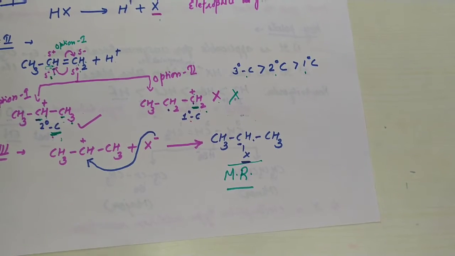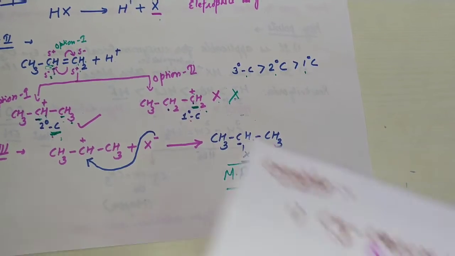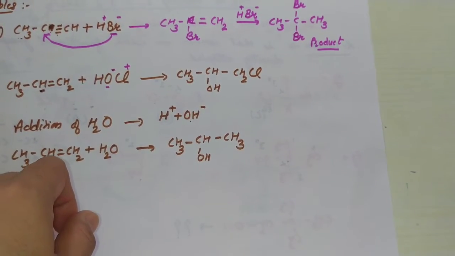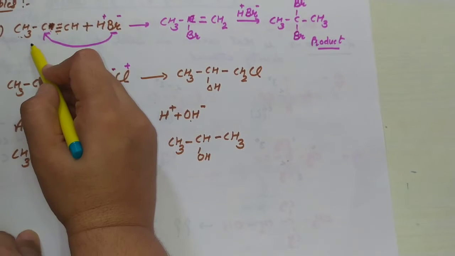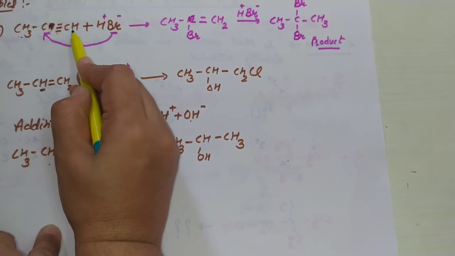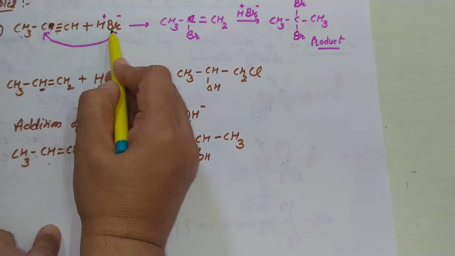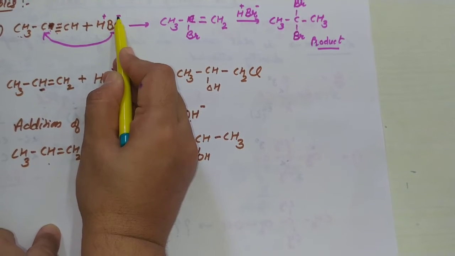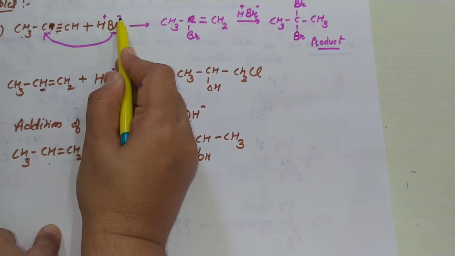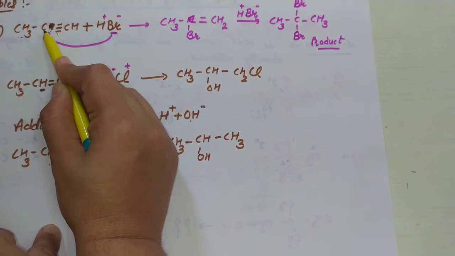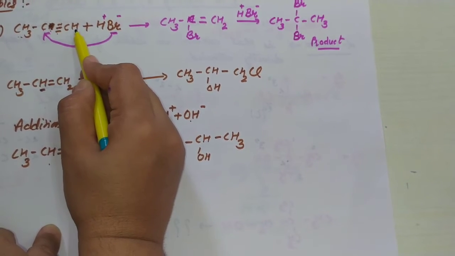Now I am going to discuss a few examples of Markovnikov rule. For example, example number 1. This is an alkyne, CH3C triple bond CH. In this, addition of HBr, HBr means H positive ion, Br negative ion. Negative part goes to that carbon which bears a lesser number of hydrogens. In this triple bond, here no hydrogen, here one hydrogen.